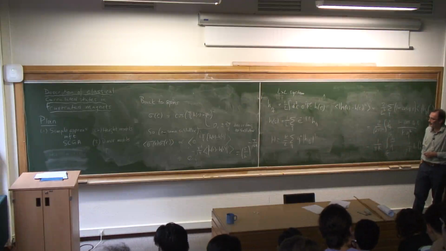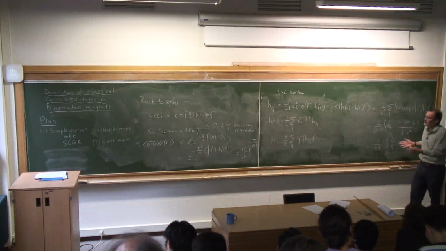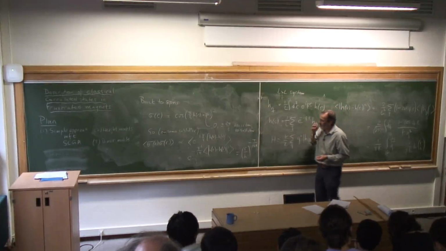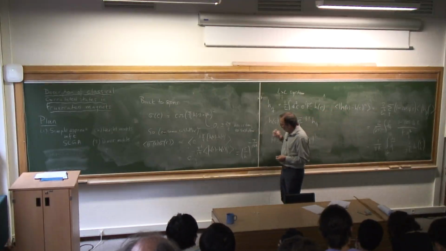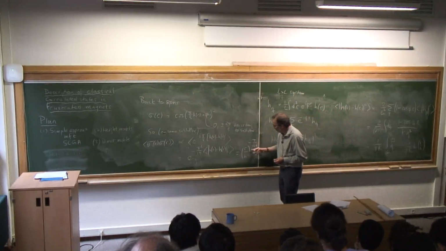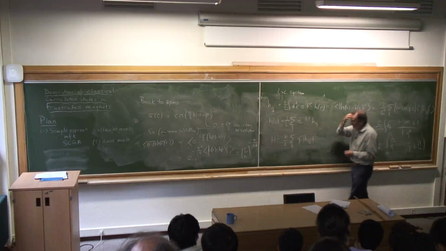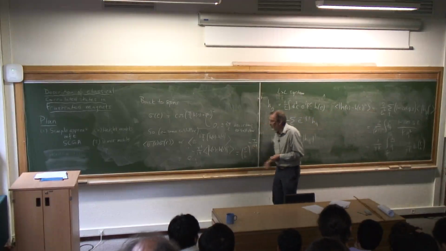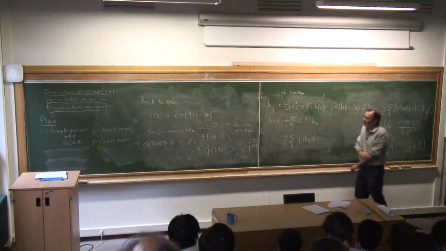And up to this point, we had no way of knowing what value that parameter took. But at this stage, we see that its value is actually quite important because it determines the power in these correlation functions.